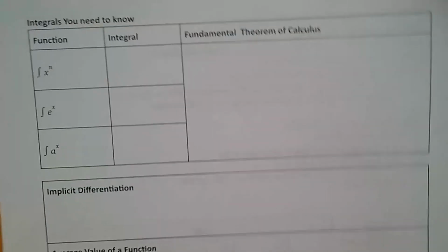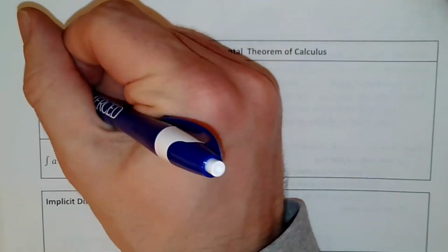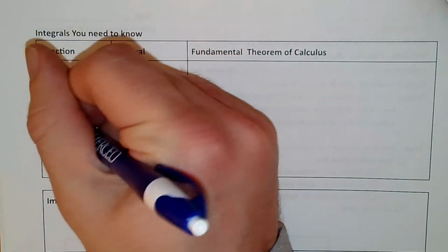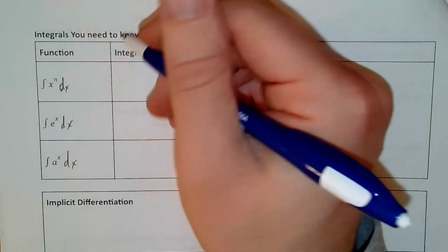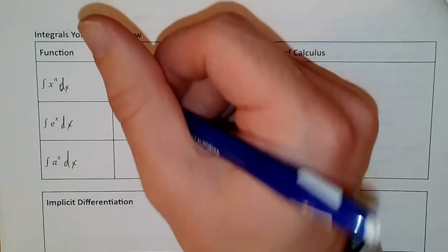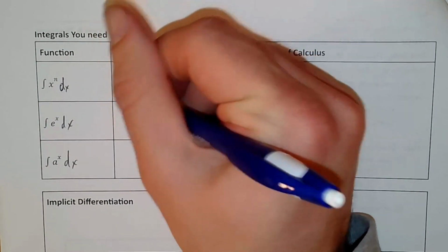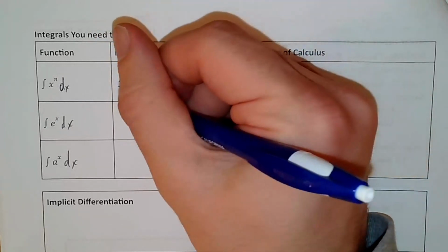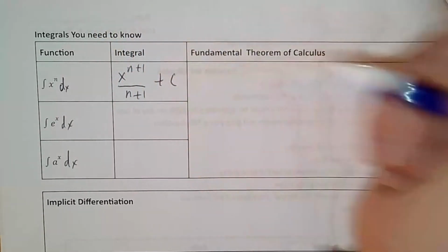Okay, integrals and fundamental theorem of calculus. Again, mostly review here. The integral of x to the n, by the way, it should have dx's on them. I forgot about that. My bad. The integral of x to the n dx is x to the n plus 1 over n plus 1 plus c.